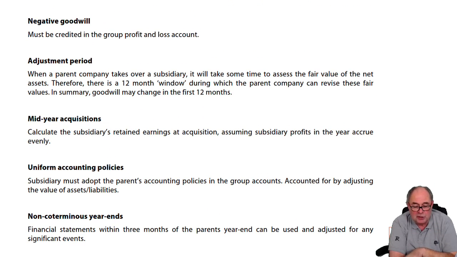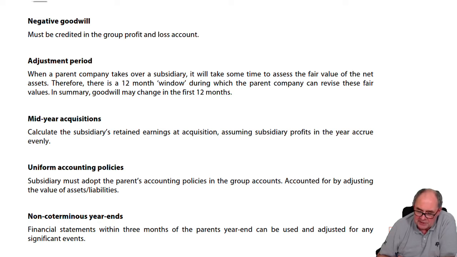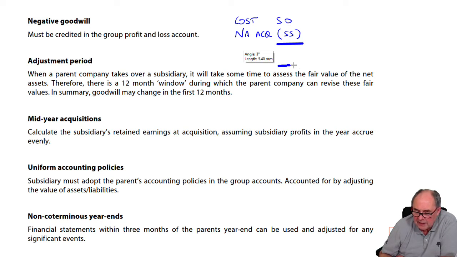It would be very strange to have negative goodwill. In theory, it can arise, and it does arise in this exam. So if I took a 100% subsidiary and said that the cost was 50 and the fair value of the net assets acquired was 55, you can see that the goodwill has become negative.